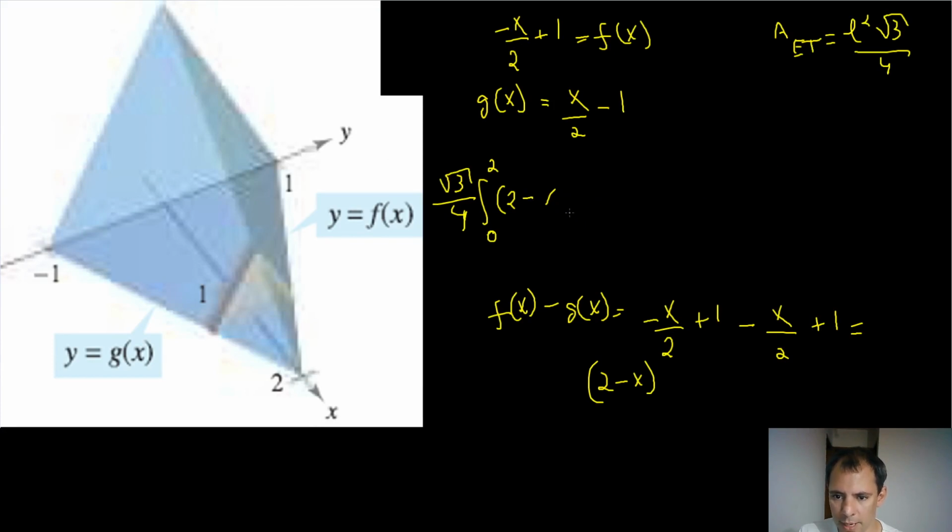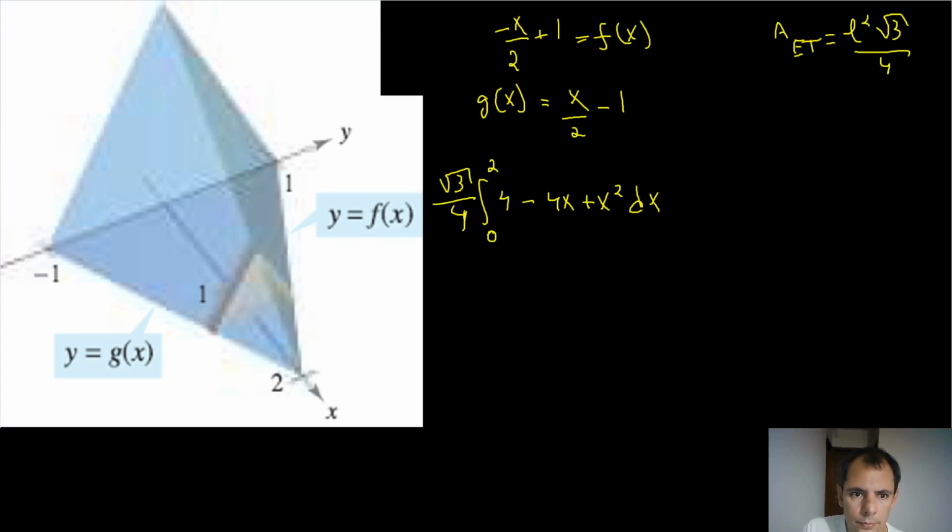I'm going to expand this binomial. Okay, so what is 2 minus x squared? It's going to be equal to 4 minus 4x plus x squared dx. Okay, because it's the square of the first minus twice the first times the second, okay, plus the second term squared. Okay, so this is it.